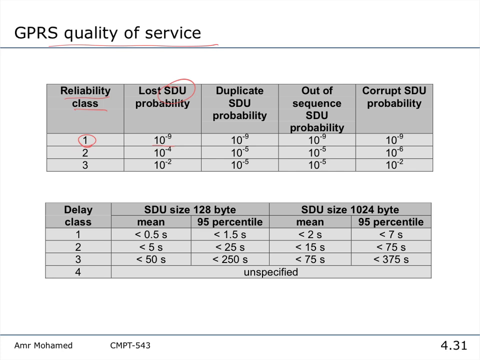Okay? So how would I do this using the concept of temporary allocation? If I notice that the mobile station is losing some service data units, then if I assign more resources to that particular mobile station, I can increase the rate and then lower the probability of packet drop.